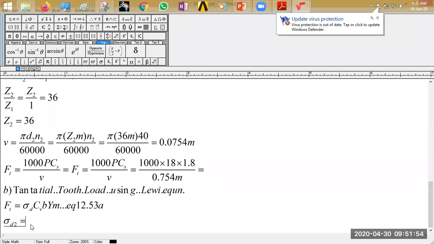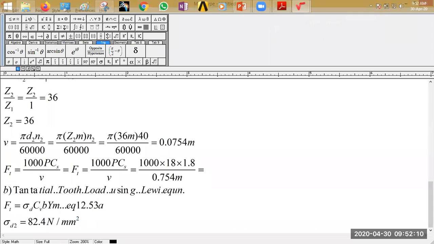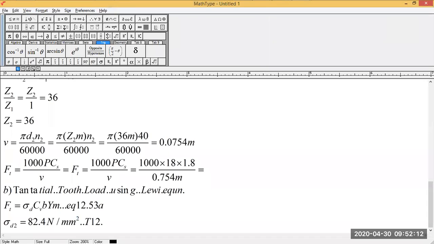So sigma d is 82.4 Newton per mm square. That's where you take the material properties of all the materials. So sigma d we have found.